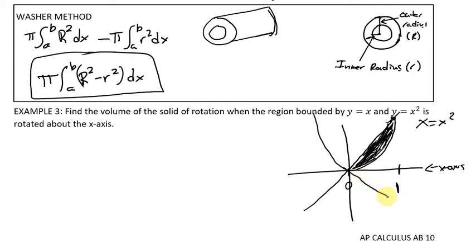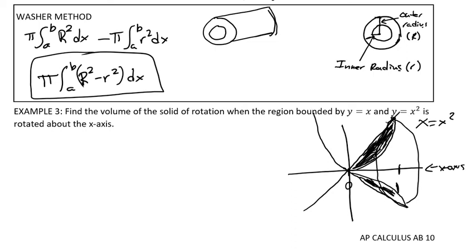It would go around to here and around to here, and you can see how that would look almost like a tornado. That's solid, but you'd have an inside, like the eye of the storm there. Okay. So we have to figure out our inner radius and our outer radius.